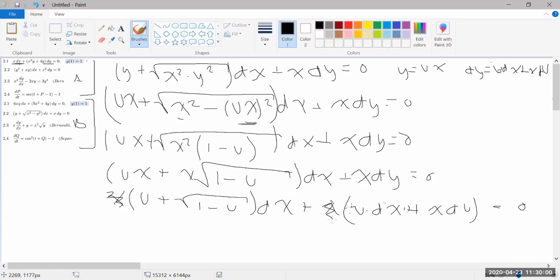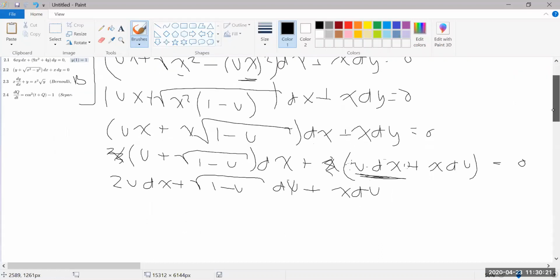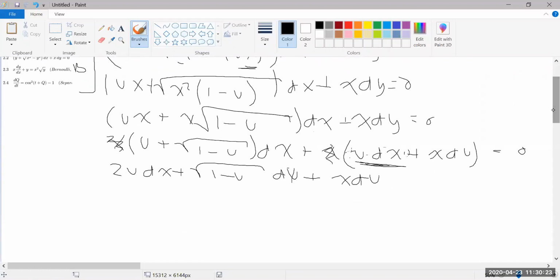Okay, so we have these two dx's here, so we have 2u dx plus square root of 1 minus u dx plus x du. Okay, and now we can start separating.